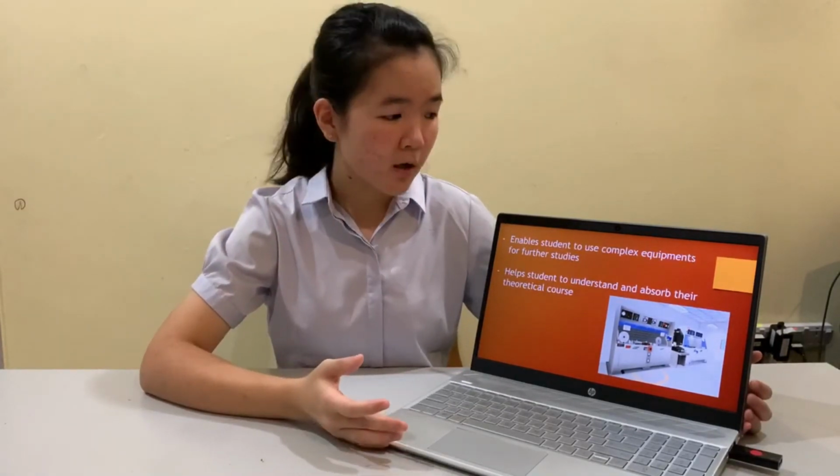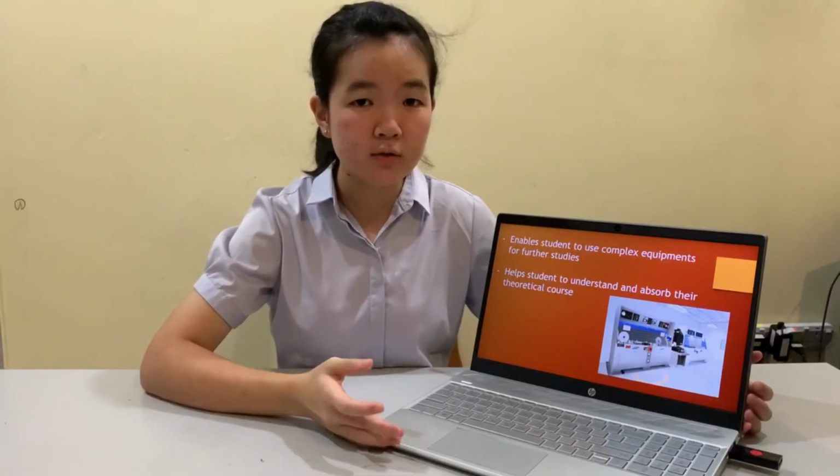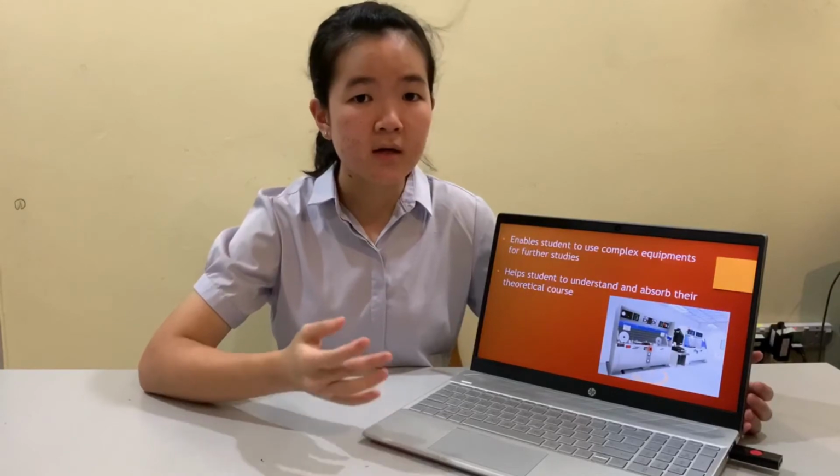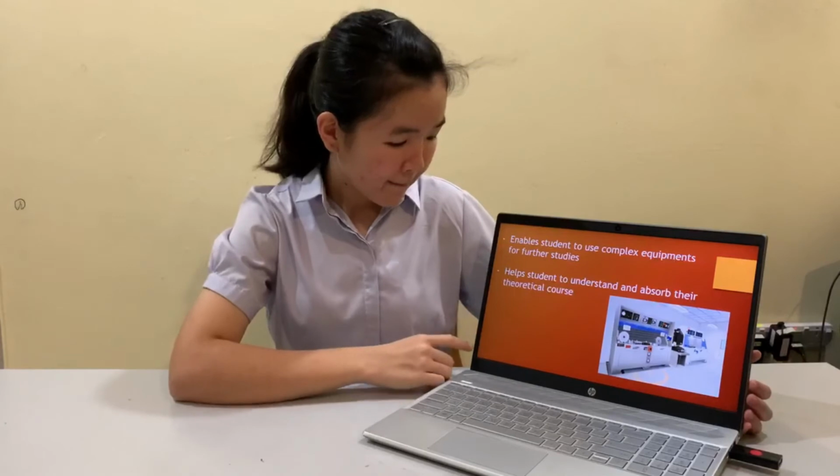Thirdly, it enables students to use complex equipment for further studies in a more efficient way, because some complex equipment is not allowed to be used in some universities. Lastly, it helps students understand and absorb their theoretical course in a simpler and easier way.